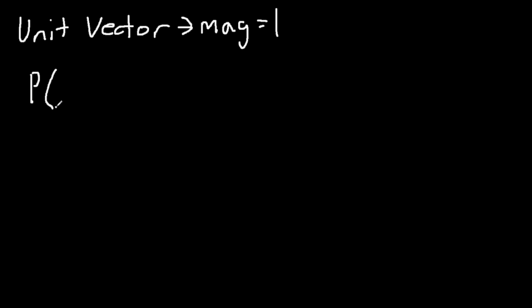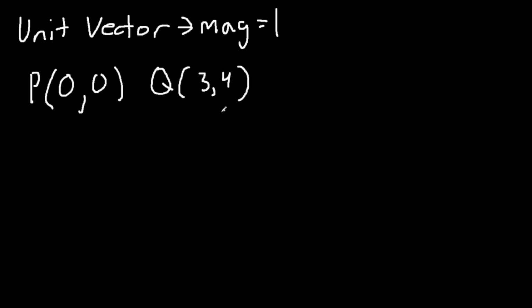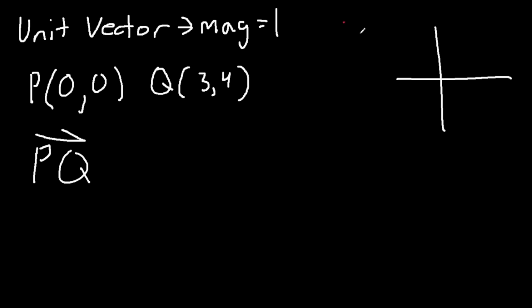Okay, let's start this off by saying there's a point P at (0, 0). So there's a point Q at, let's actually do, (3, 4). What is the vector between P and Q? So P and Q are points here.